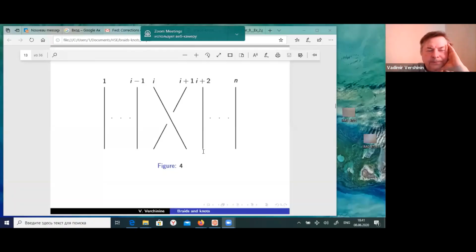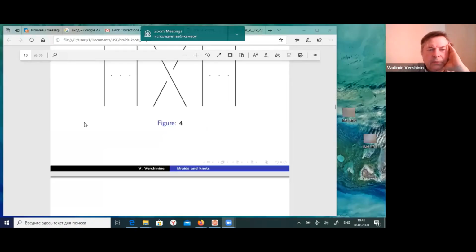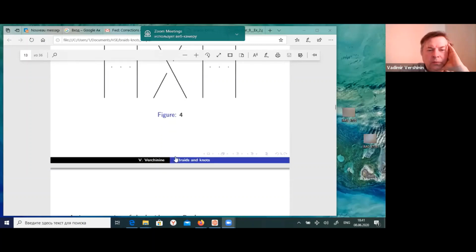Okay, so this is sigma 1. I only wanted to note that this is sigma i. Then, of course, if you change the crossing here, you will have sigma i minus 1, and you'll see that the composition is equal to the identity braid, right?